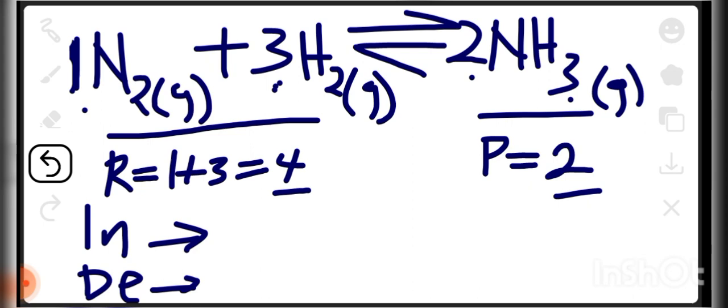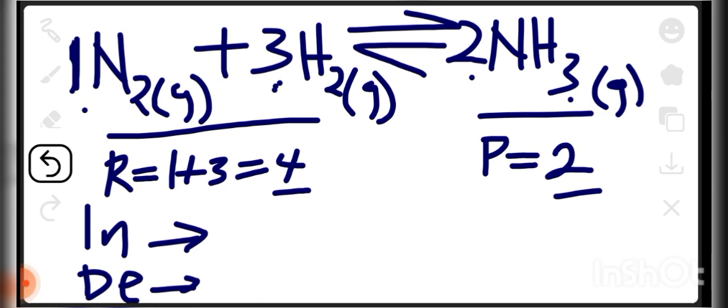Please take note that it's very important. If you decrease pressure, equilibrium position will shift to the side that has a higher number of moles. So please take note of that. It is very, very important.